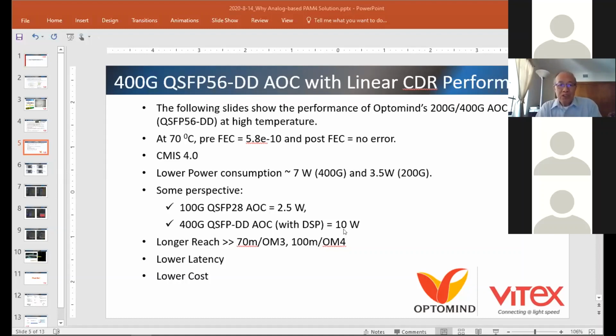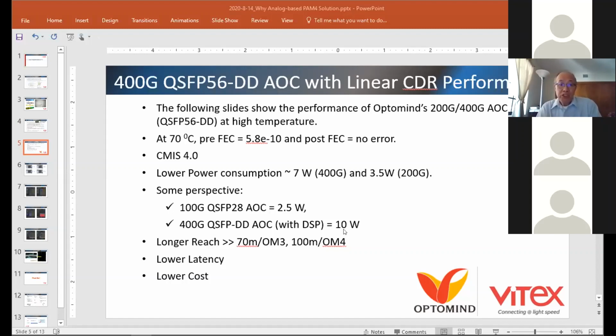The 100G QSFP28 AOC spec is 2.5 watts. You know why so low? Because there is no DSP. And currently a 400G AOC is about 10 watts. So you can see there's a reduction of 3 watts of power by using linear CDR.